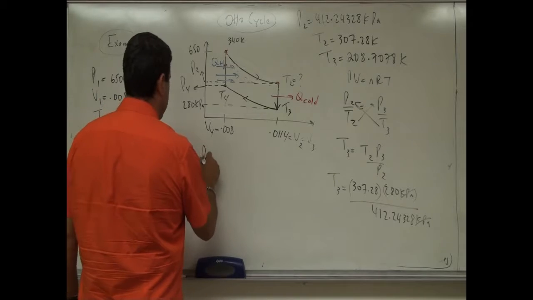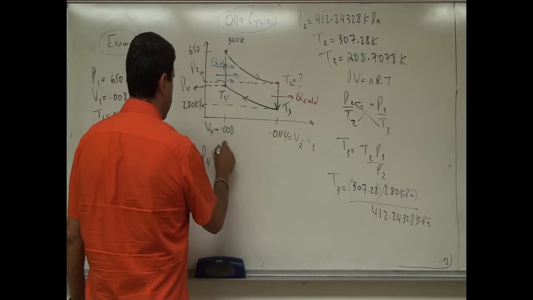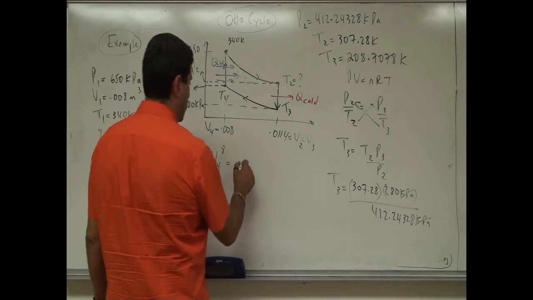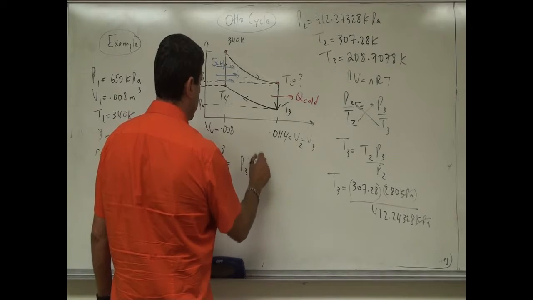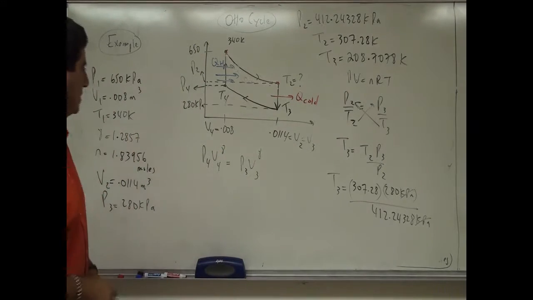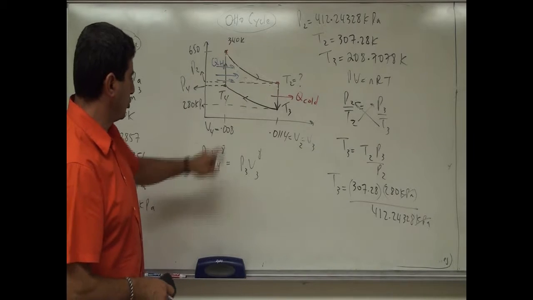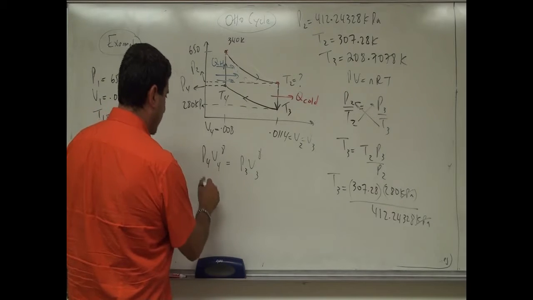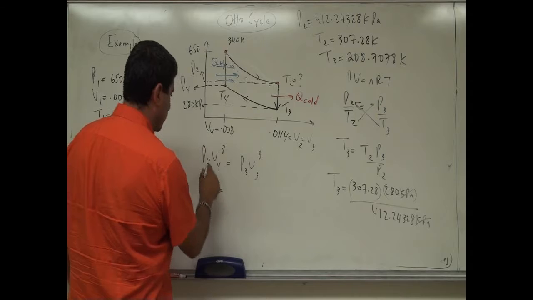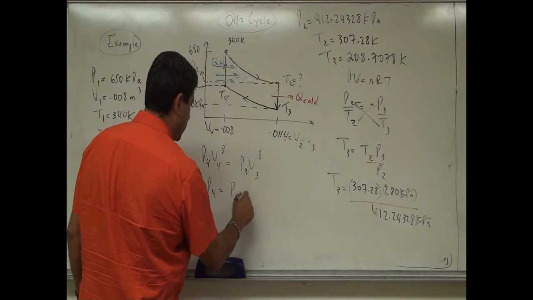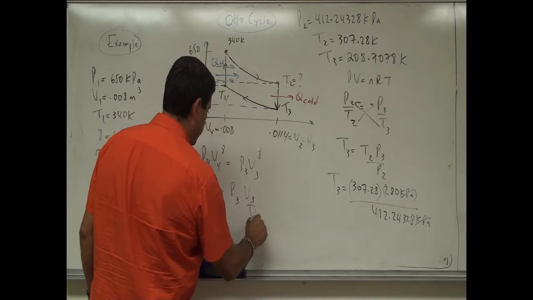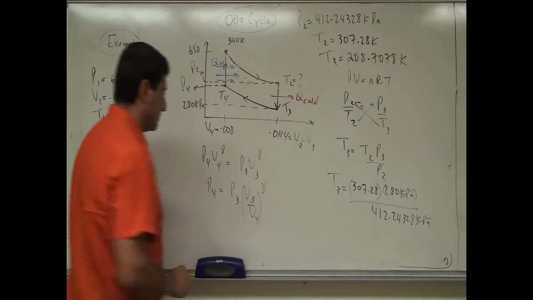We can say P4 V4 to the gamma is going to equal P3 V3 to the gamma, right? So the V4 is 0.008. The P4 is what we're solving for. So P4 is equal to P3 V3 over V4 to the gamma, right?